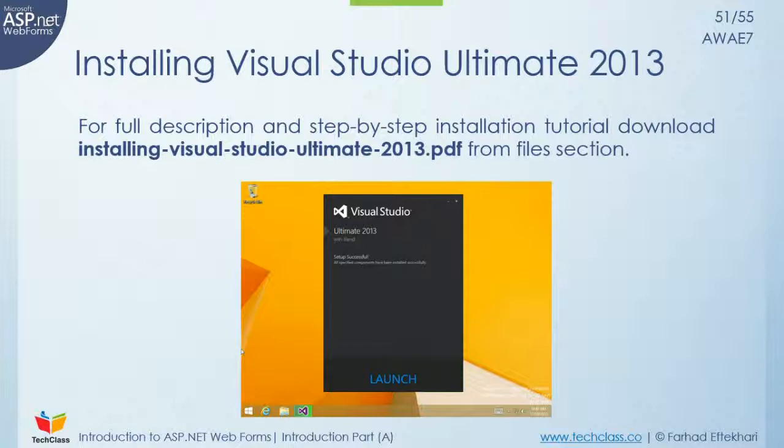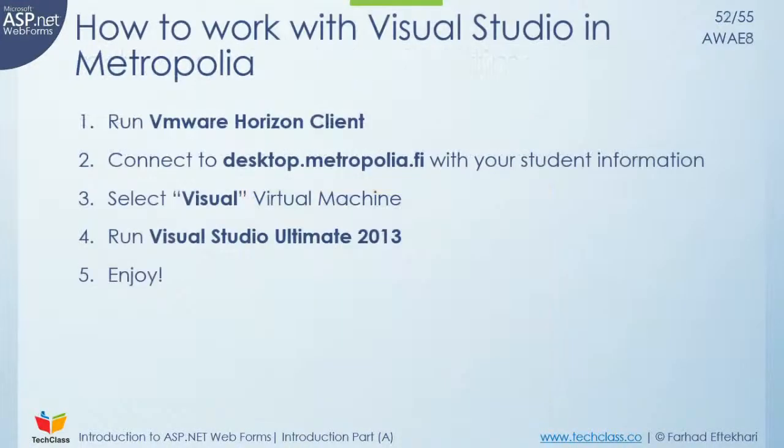And here is also this file that I put in the file section of this course, which is a step-by-step tutorial to install an instance of Visual Studio Ultimate 2013 on your computer. And to work with Visual Studio on Metropolia campuses, you can run the VMware Horizon Client, connect with this virtual machine, and run Visual Studio Ultimate 2013.